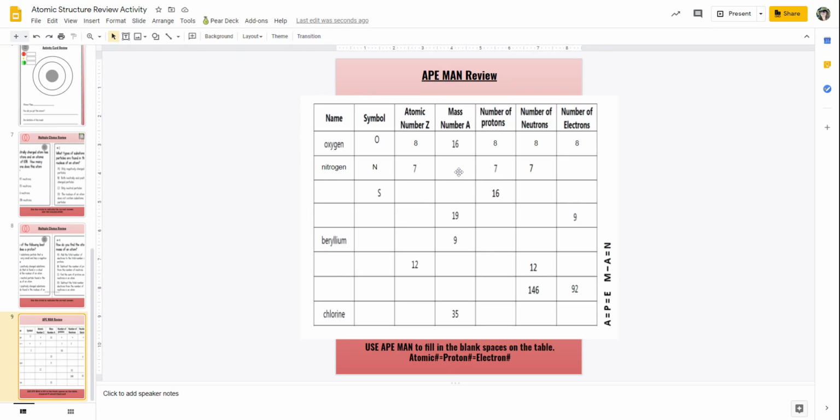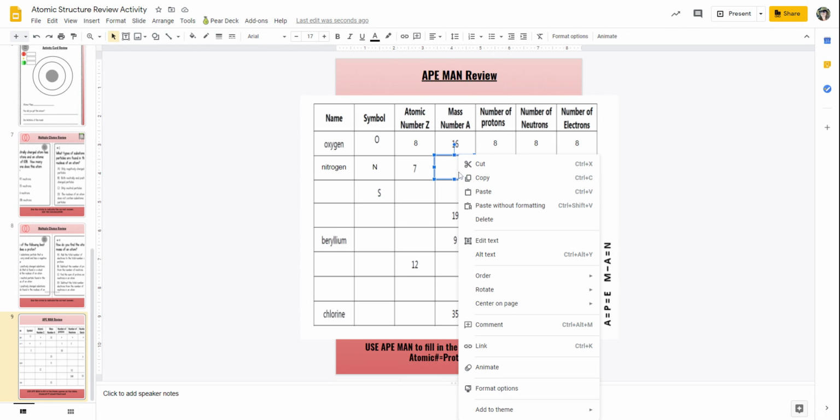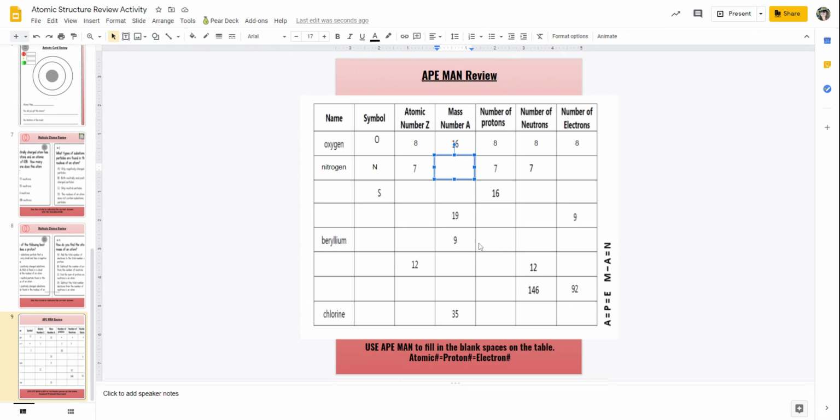Now remember, I'm always going to want that rounded. I do not want the decimals because I'm going to be using that to find neutrons, and I can't have part of a neutron. Okay, so that's going to be 14. So I have the atomic number, I have the protons, now I just need the neutrons.